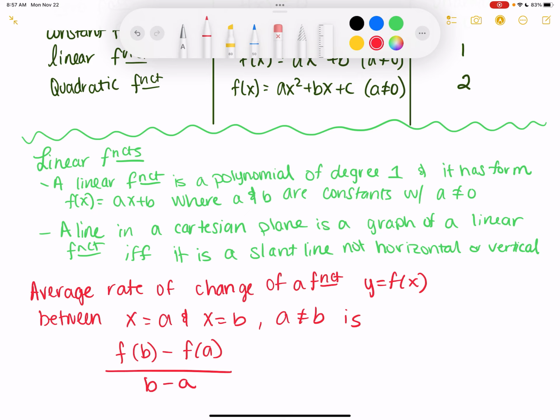So when you hear average rate of change, you should think slope.